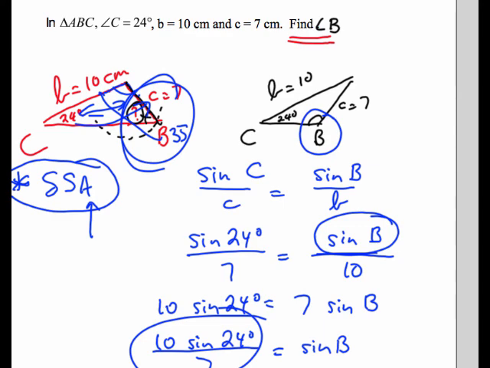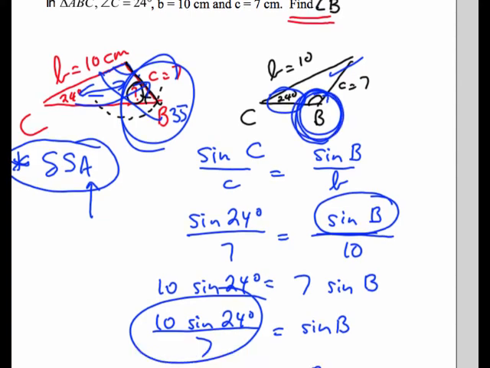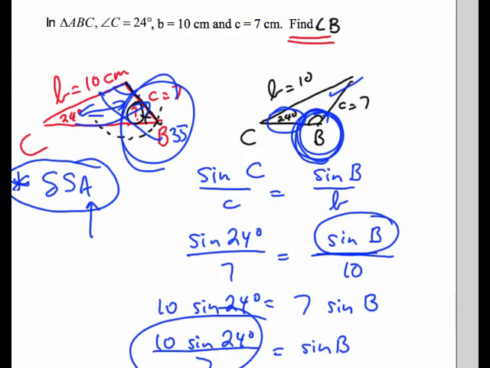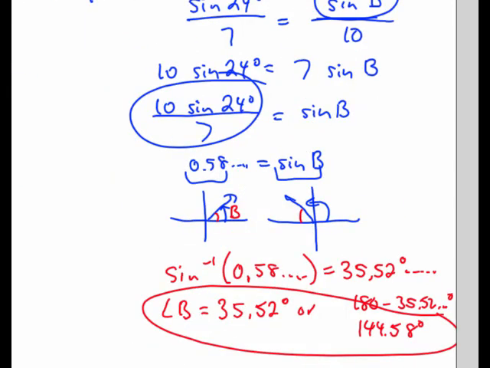And what you need to look for here is, are there enough measures in the angle left for a third angle? If this was 144 and 24, and you added those up, we wouldn't have 180 degrees yet. So there would be enough measure left over for a third angle. In other words, an angle of 144 degrees is possible. And so in this case, there are two ways to draw this triangle, and there are two possible values for angle B.